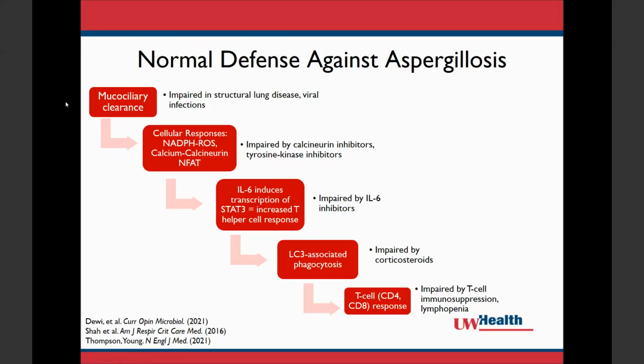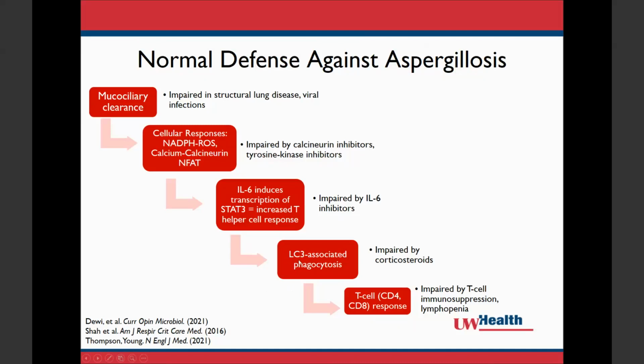And so other cellular responses like the formation of reactive oxygen species or the nuclear factor of activated T cells, these all can activate neutrophils to help attack the invading pathogen. And then IL-6 usually induces the transcription of a transcription factor called STAT3, which increases that T cell response.